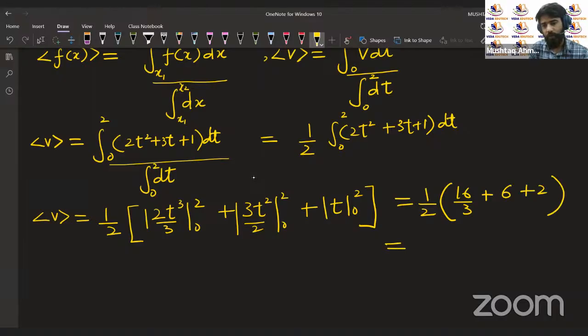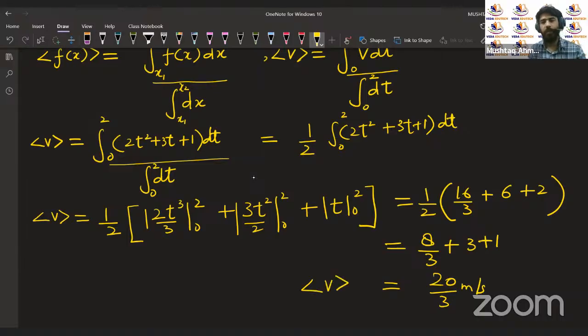So from here we'll be left with 8 over 3 plus 3 plus 1. So it will be 12 plus 8, that's 20, that's 20 over 3 meter per second. So this comes out to be the average velocity between the time interval 0 and 2 seconds, right?